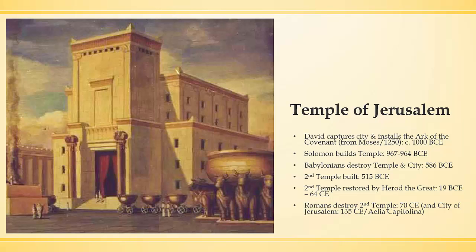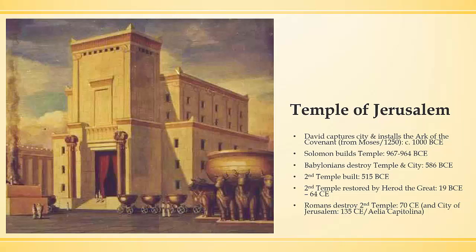So we first of all look at the centerpiece, the Temple of Jerusalem, and some of the basic history behind this great temple. This is an image of an imaginative reconstruction of the Temple of Jerusalem, built in the city that was first captured by King David about the year 1000 BC, captured from the Jebusites.